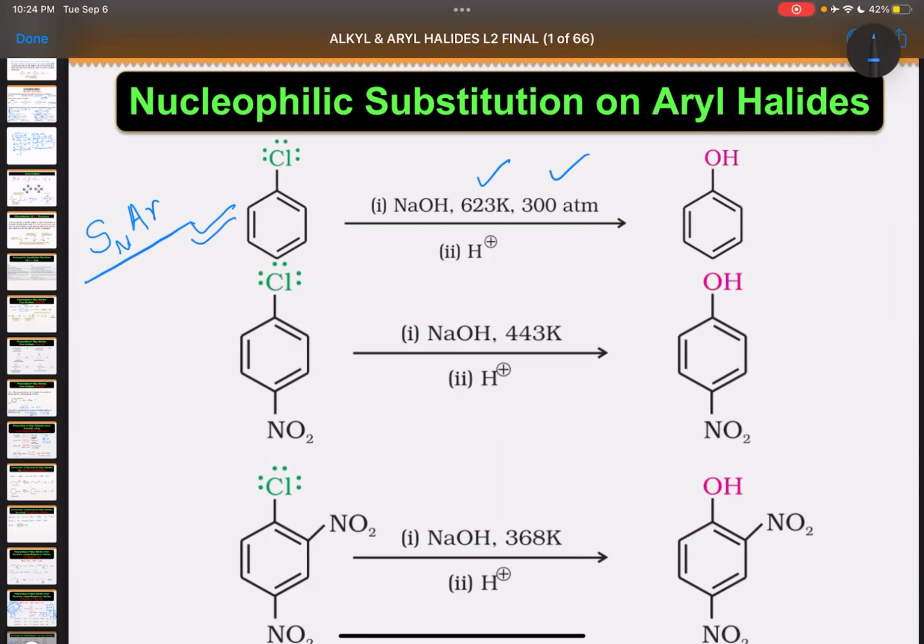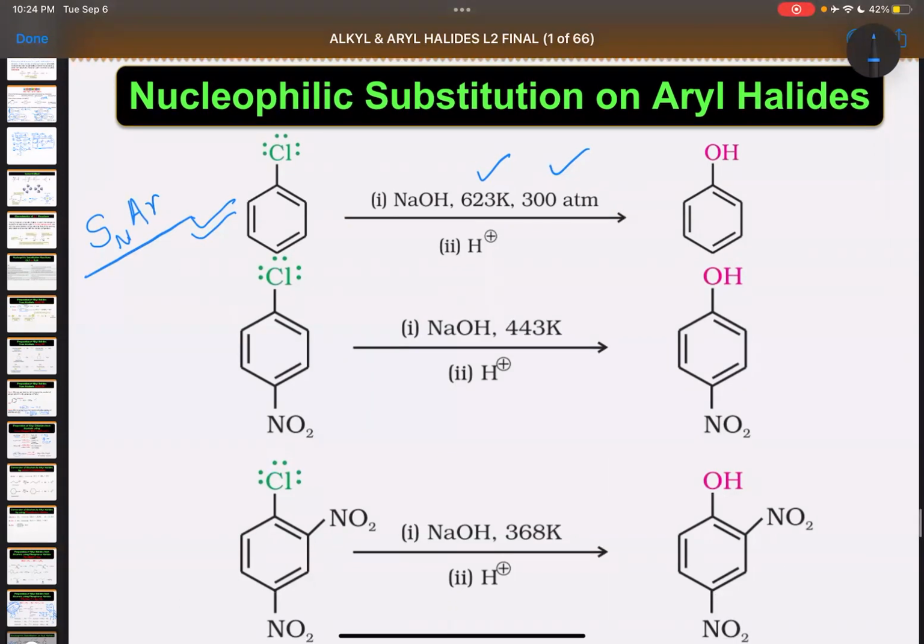And this is neither SN1 nor SN2 because SN1 or SN2 happens only on an sp3 carbon. Right? Sir, SNAr is bimolecular. Yeah, it is bimolecular. I will show you the mechanism, but it is not SN2. It is known as bimolecular nucleophilic aromatic substitution.